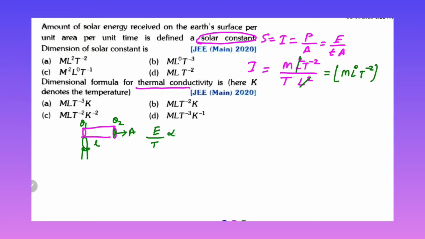Rate of flow of heat is directly proportional to area of cross section.